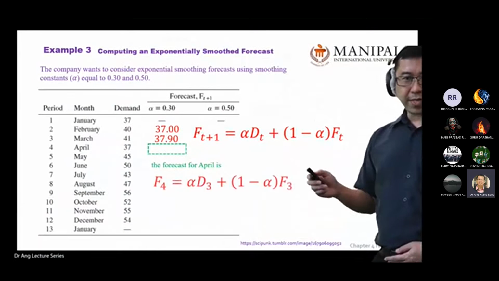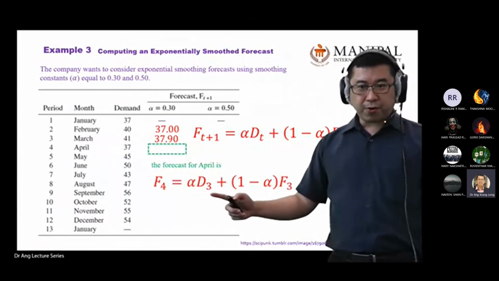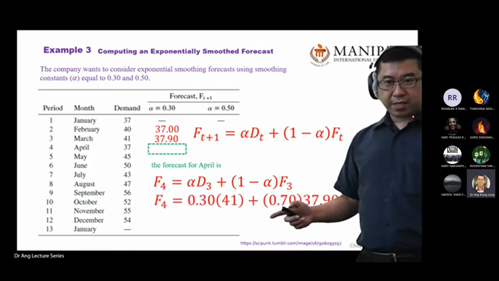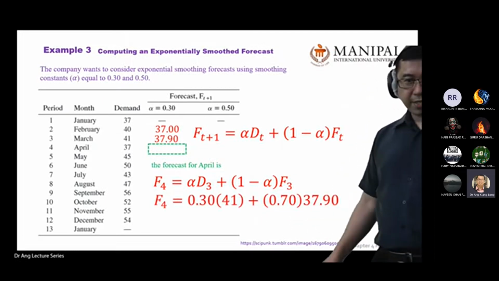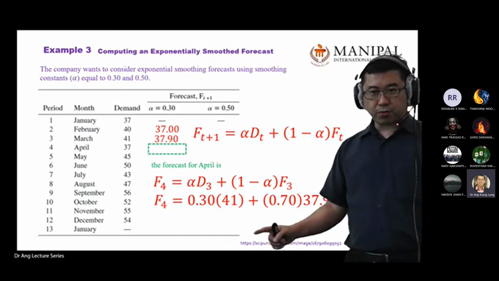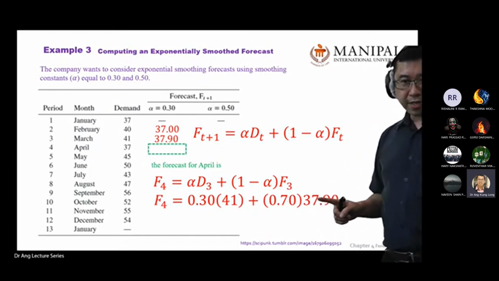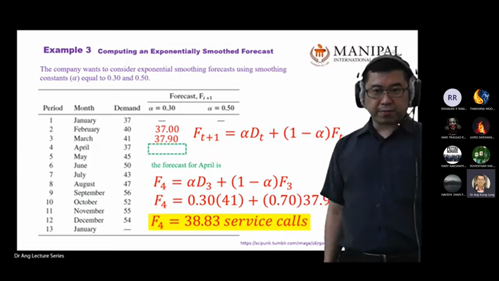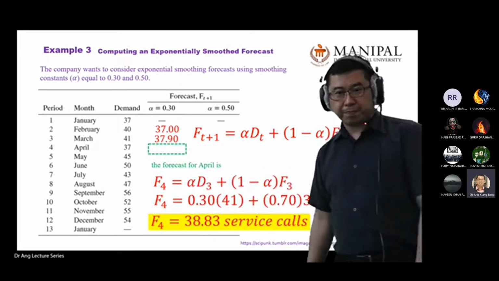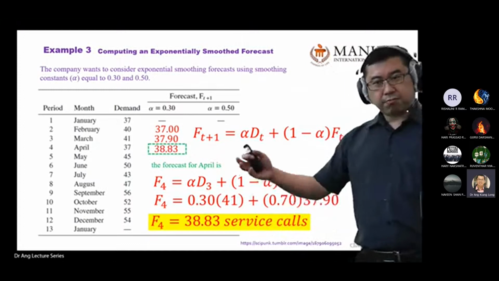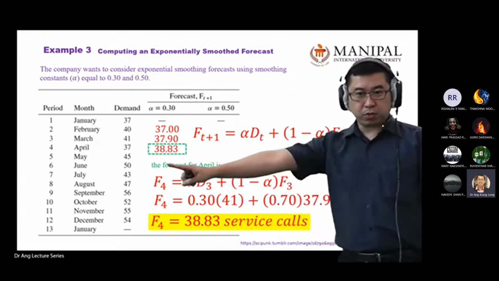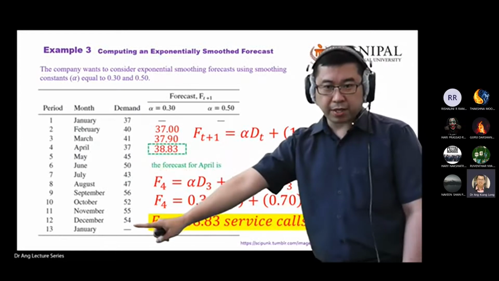You have F4 equals alpha D3 plus 1 minus alpha F3. Press the calculator: 0.3 times 41, plus 0.7 times 37.9 gives 38.83. This is correct. Good job. If you understand the concept from here, you should be able to do it from May until December.